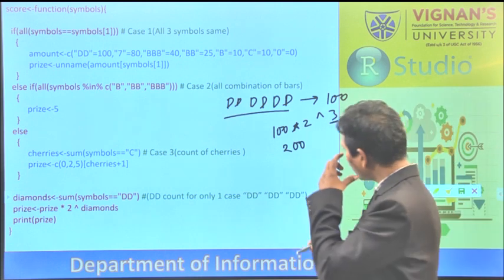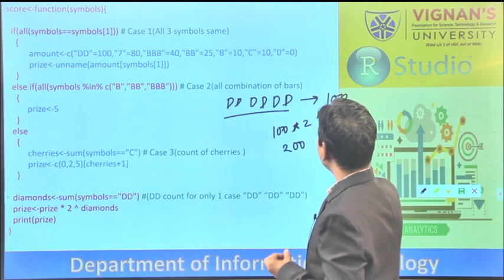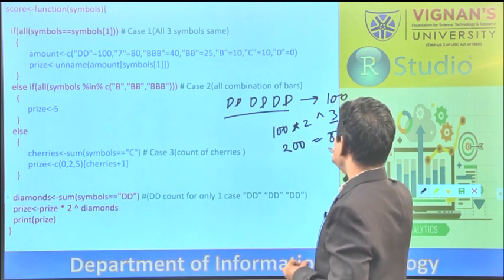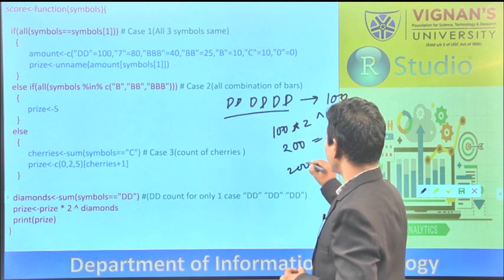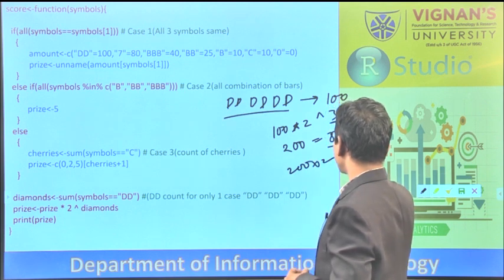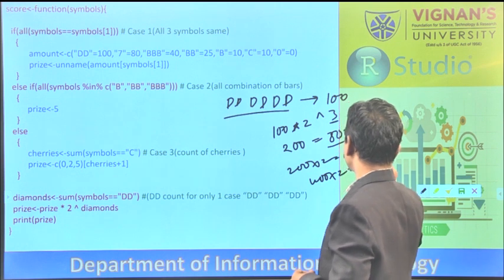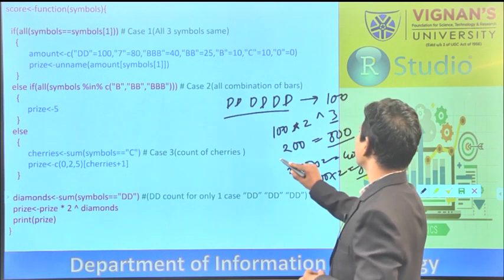So 2 to the power of 3 will be 800. How? 200 into 2 will be 400, and again 400 into 2 will be 800. So this is going to happen.